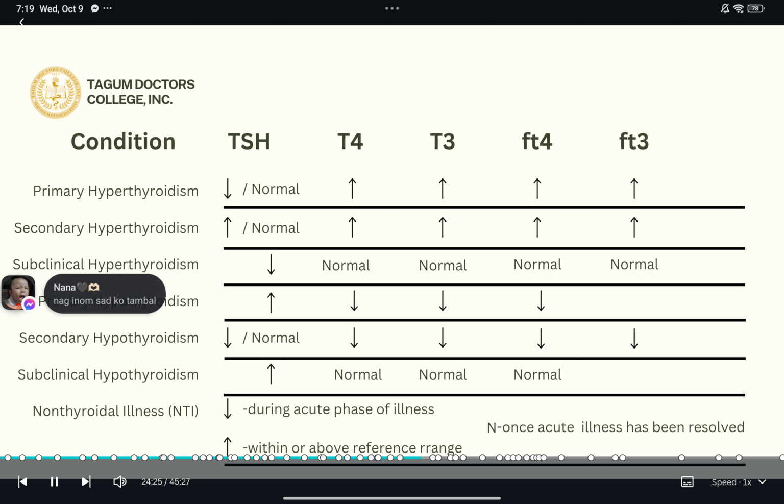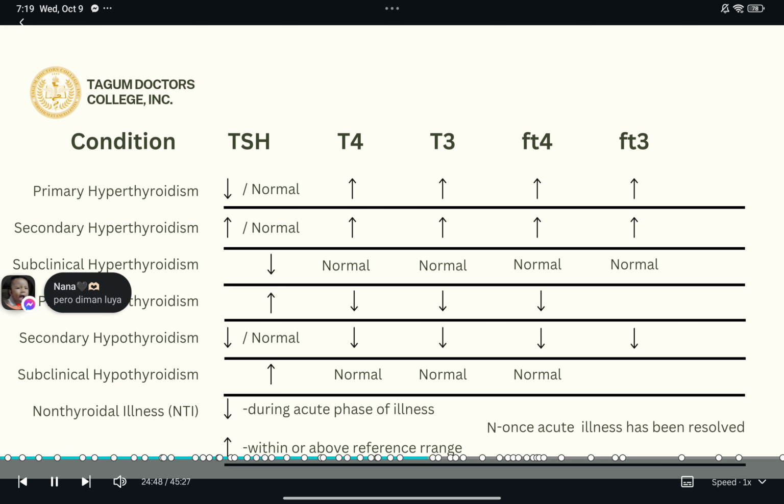So primary hypo, baba ang tanan except sa TSH. Primary hyper, taas ang tanan except sa TSH. So secondary, pag secondary, uniform tanan, so tanan baba. Pag subclinical naman na hypo, so increased ang TSH and normal ang T4, T3, and FT4.